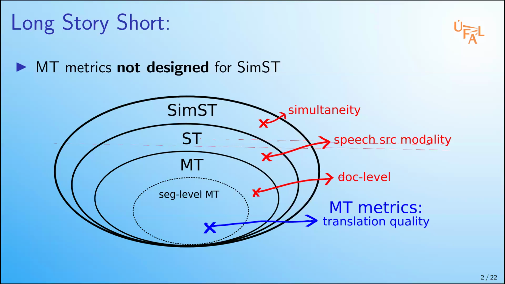So the long story short of this work is that the machine translation metrics were not originally designed for simultaneous speech translation. In this diagram, which is an approximation, we can consider segment-level machine translation, the innermost bubble, as one task, where the main goal is machine translation quality at the segment level.